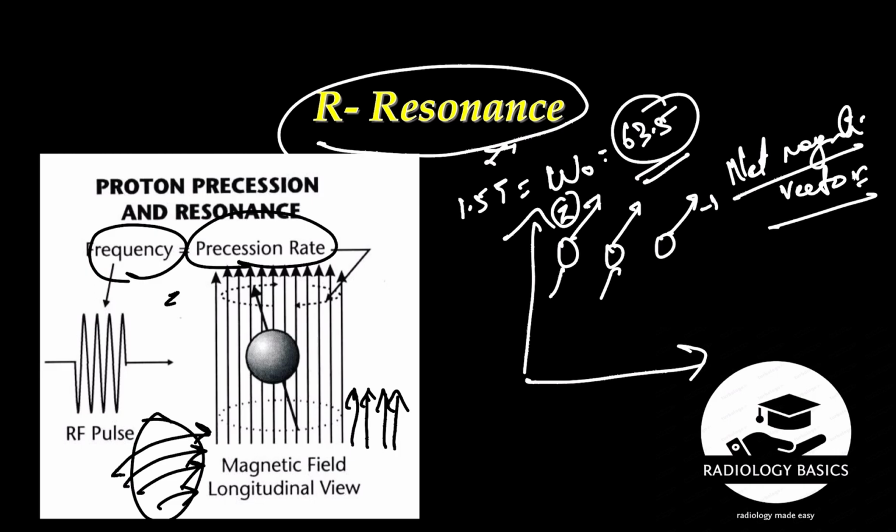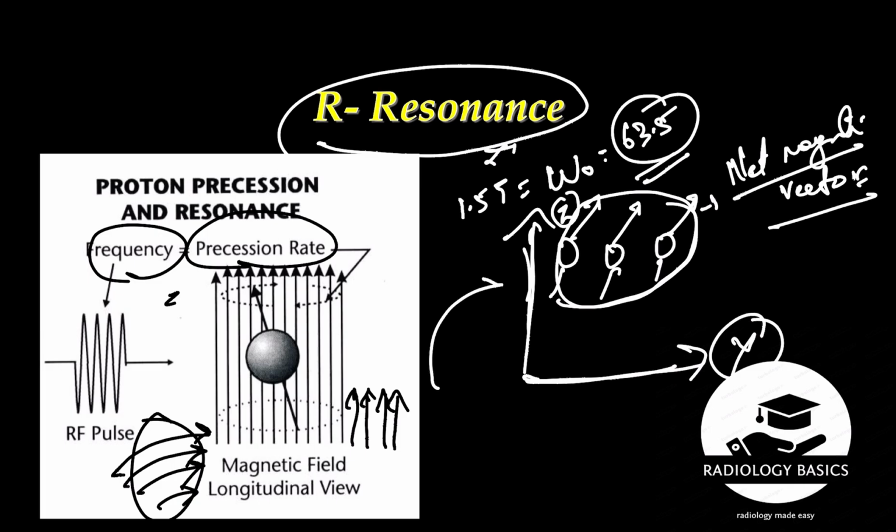Now, if we have to change the direction of these H plus ions from the Z axis to the Y axis, we have to give a frequency or energy. It should be similar to 63.5. The RF pulse must be 63.5.